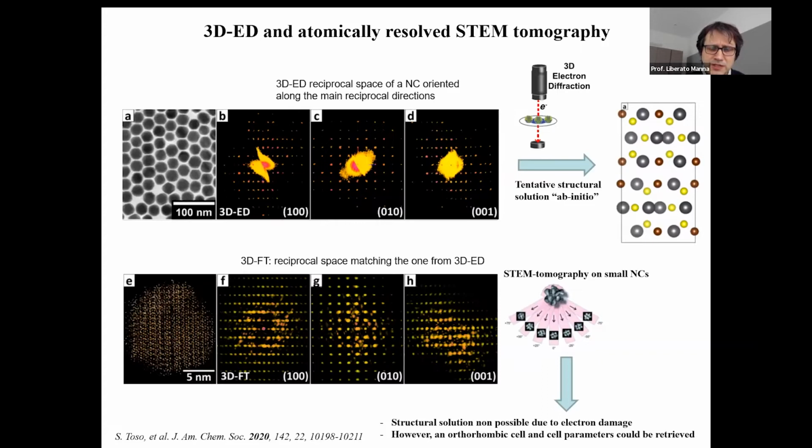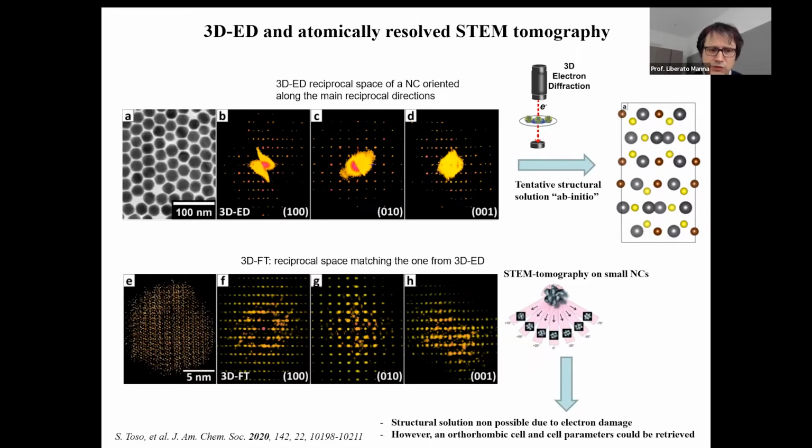And with the group of Sara Bals, we also attempted 3D electron tomography on a single nanocrystal with atomic resolution, okay? We failed to identify the position of the single atoms by STEM tomography because the sample heavily damages during this data acquisition.